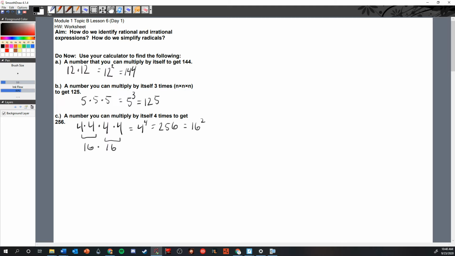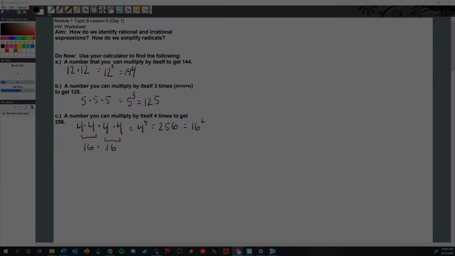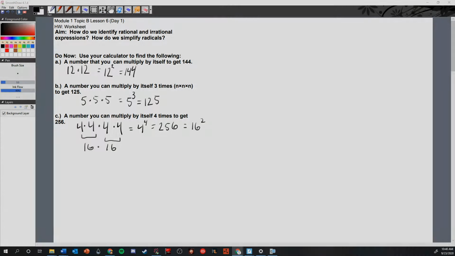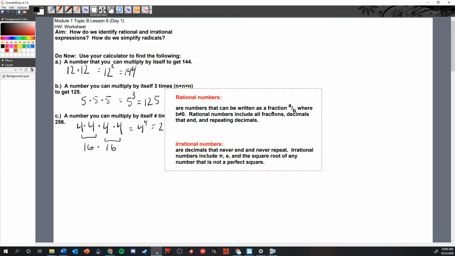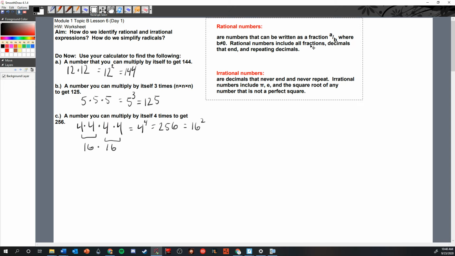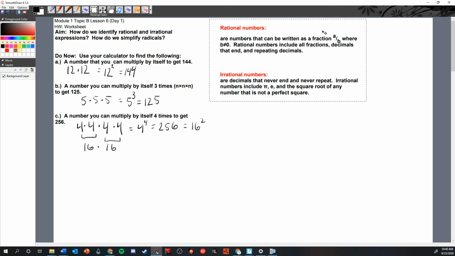So I'd like to recall, we talked about rational and irrational numbers a couple weeks ago, and I want to recall those definitions. We said that rational numbers were numbers that could be written as some fraction a over b.